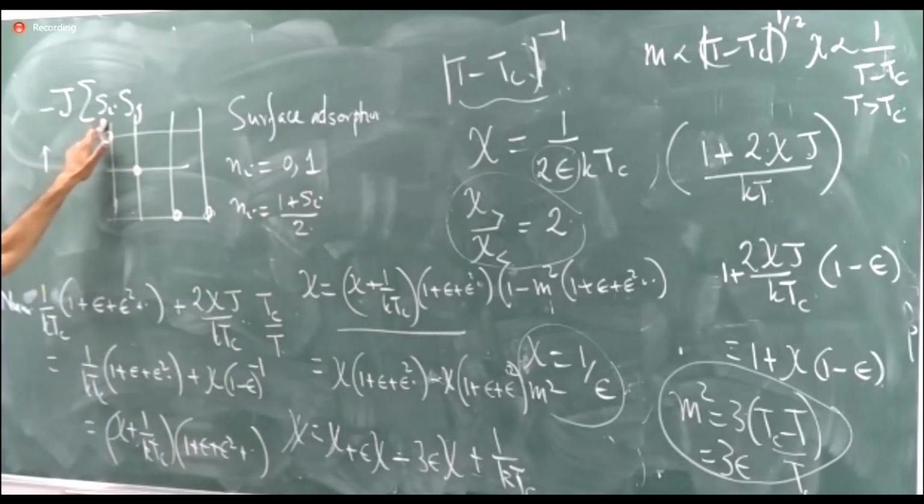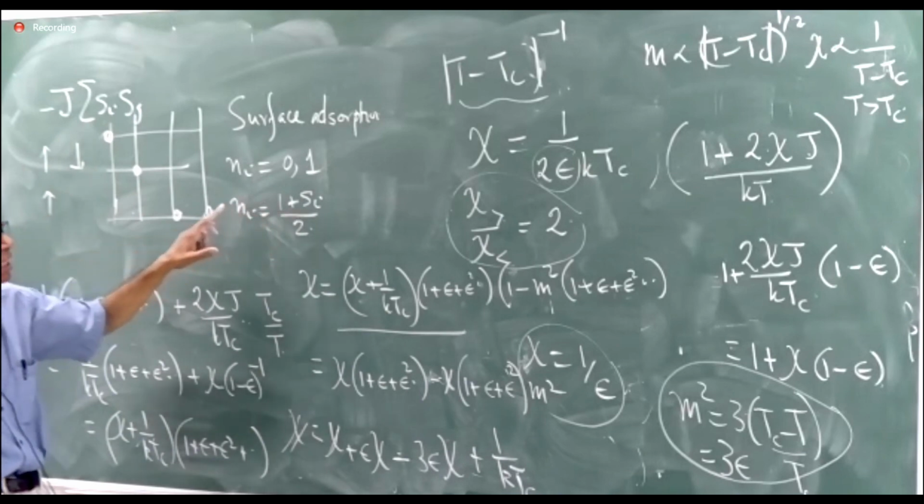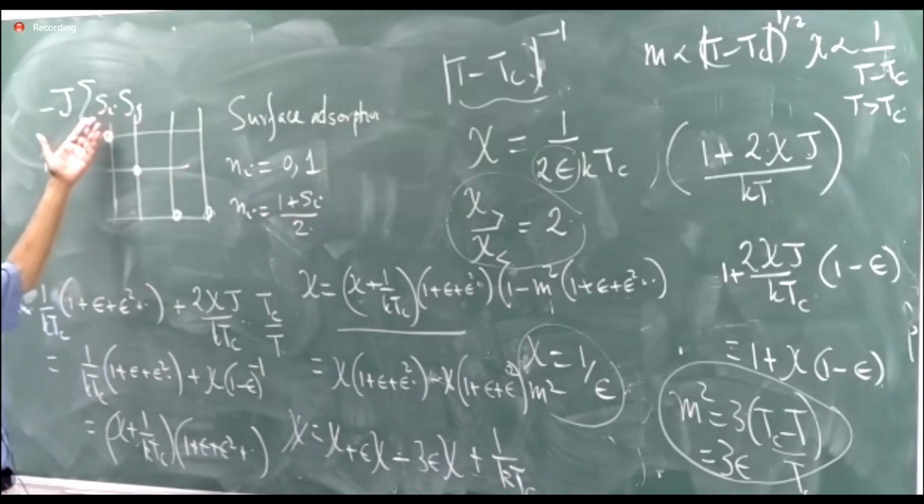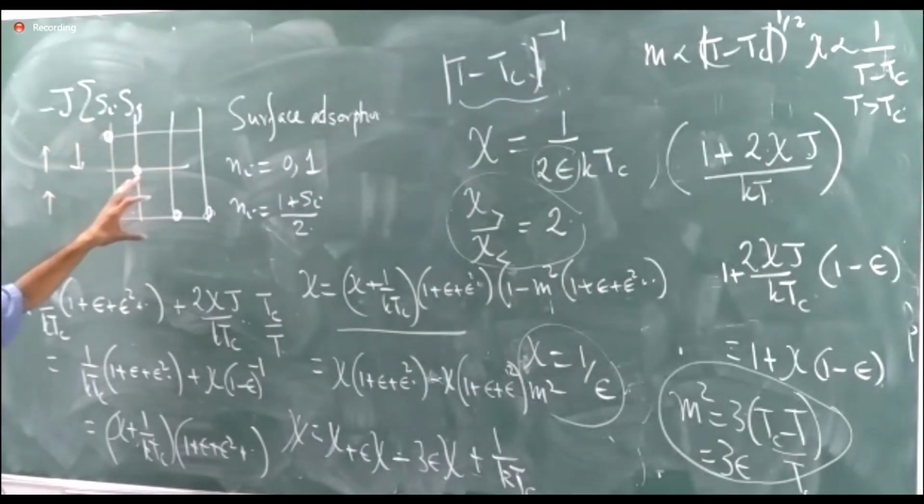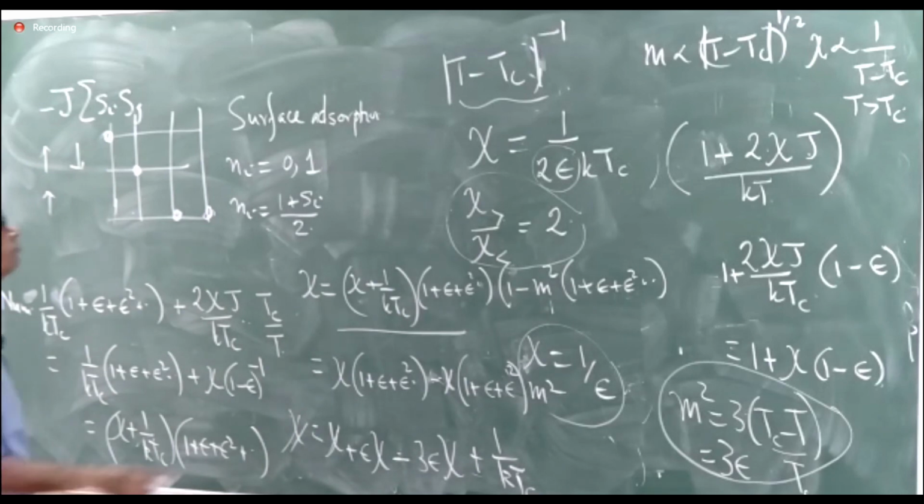If you start out from here and use a substitution, the corresponding model that you write down is going to describe critical behavior in the question of adsorption on a lattice.